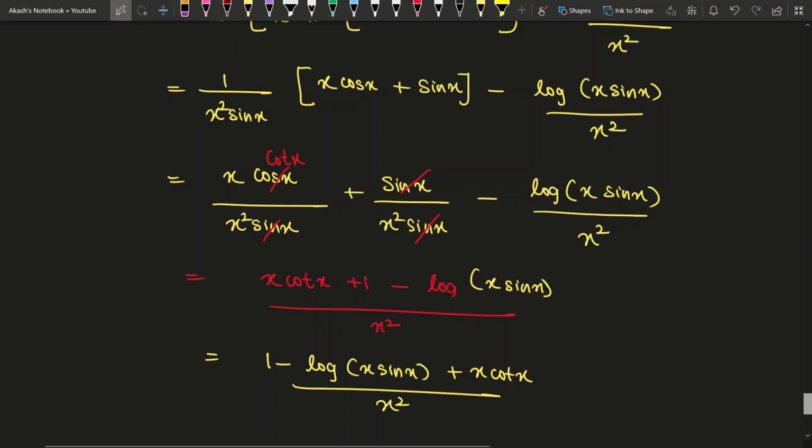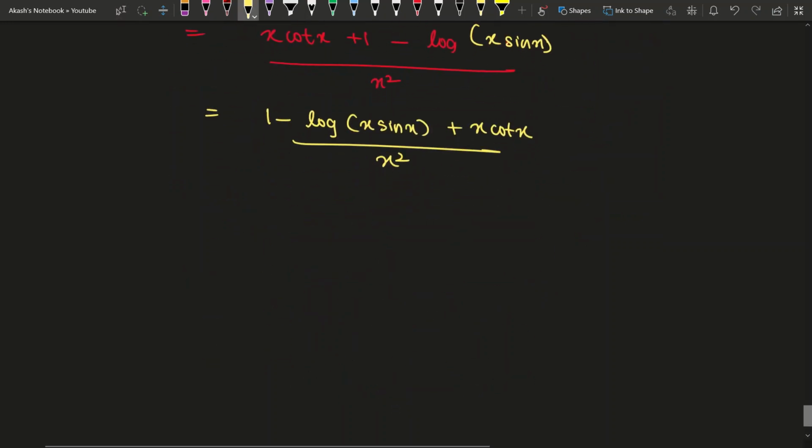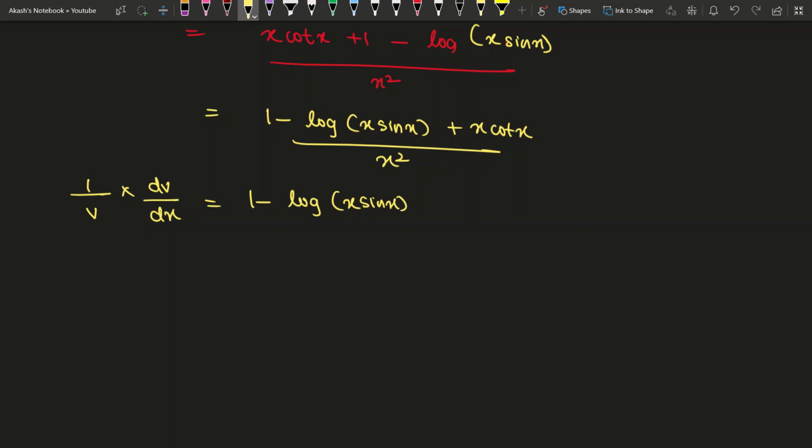So this is nothing but equal to 1 by v into dv by dx. So what you will get? 1 by v into dv by dx equal to 1 minus logarithm of x sin x plus x cot x divided by x square.